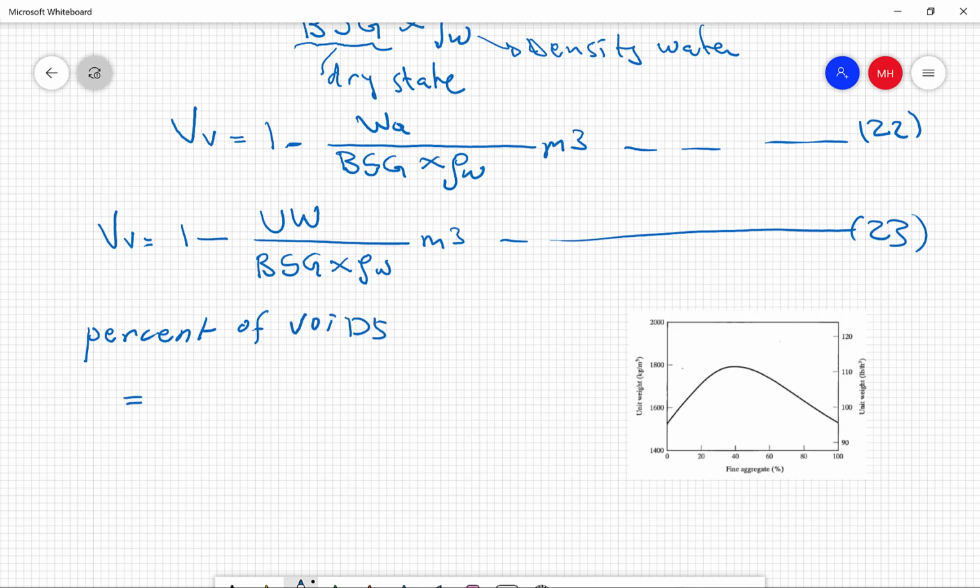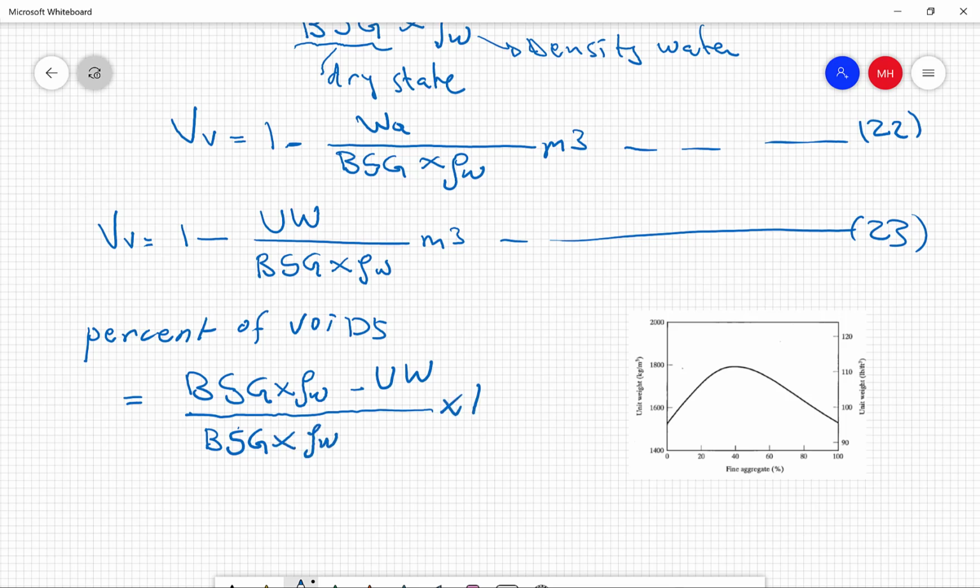Which will be equal to the bulk specific gravity, of course, times the density of water, minus the unit weight, divided by the bulk specific gravity times the density of water, of course expressed as percent, as we said.